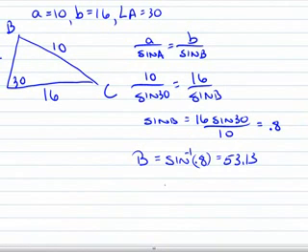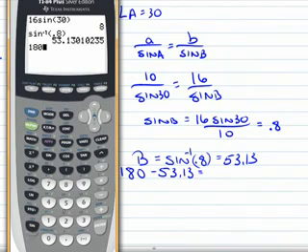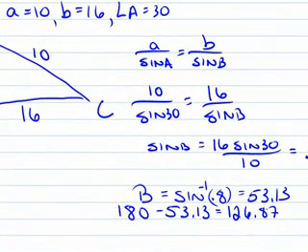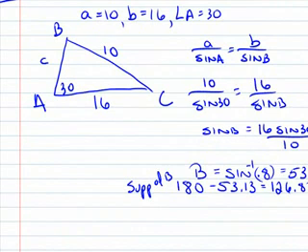The supplement of B would be 180 minus 53.13. We have 126.87. This is the supplement of B, 126.87 degrees. Angle A is already given as 30 degrees.